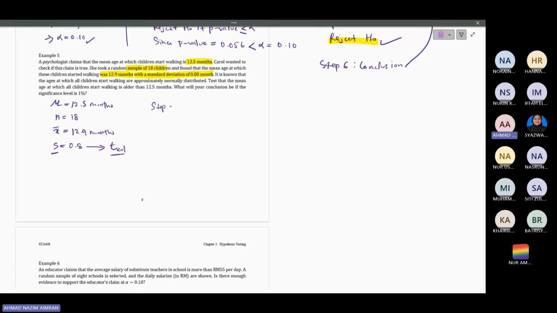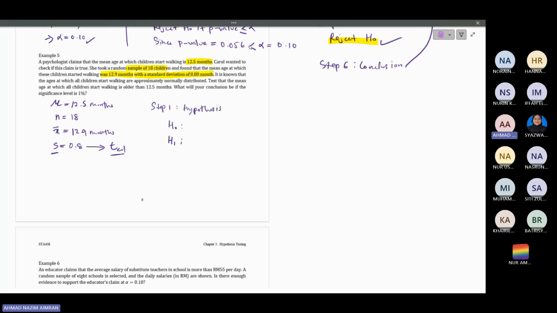So step 1 is the hypothesis. First, we write the alternative hypothesis because it is based on the question. So what do we want to test?